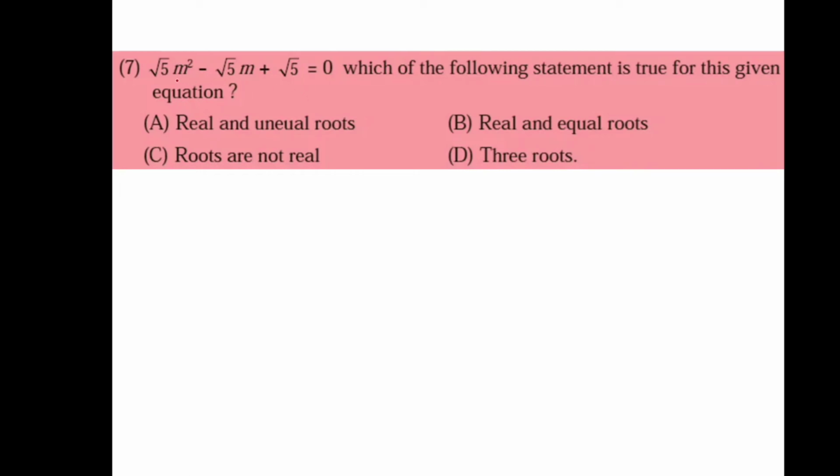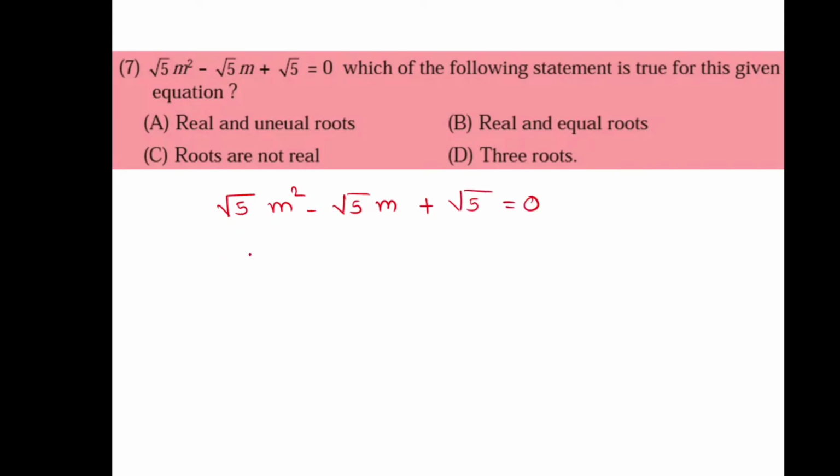Now we can know the nature of the roots by having the value of the discriminant. So to find the value of the discriminant, first of all we should write the equation root 5 m square minus root 5 into m plus root 5 is equal to 0.